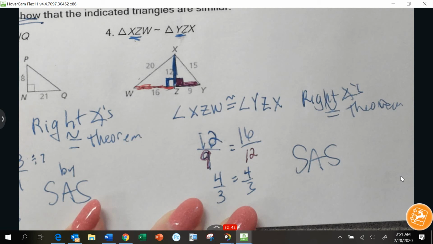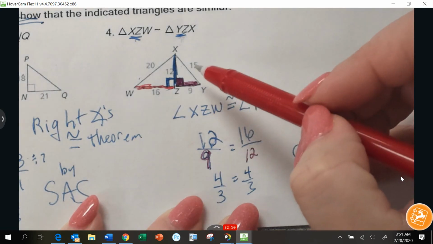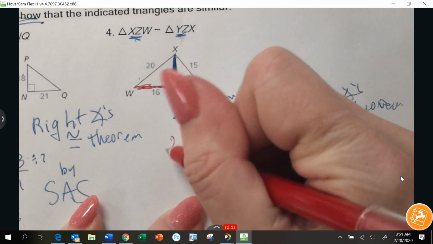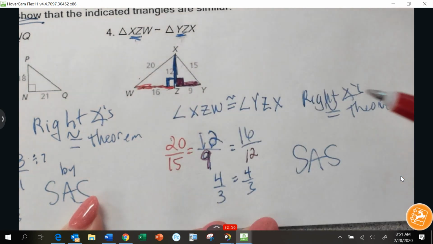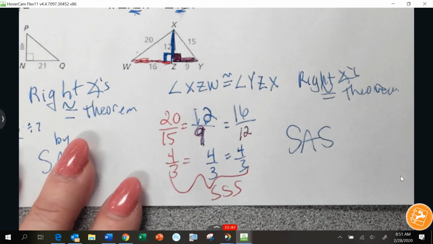Okay. Did I know all 20 over 15? 20 over 15. They had both options for you.